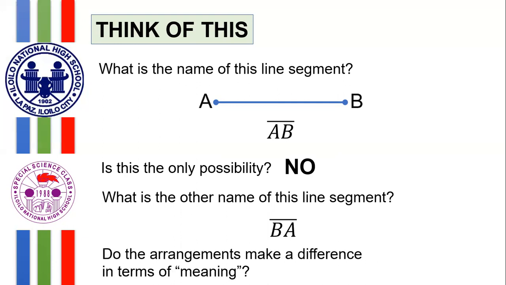And this leads me to this question: do the arrangements make a difference in terms of, quote unquote, meaning? The answer here is no. In this particular case, we could see that order does not matter. So if I say AB or BA, they refer to only one line segment.